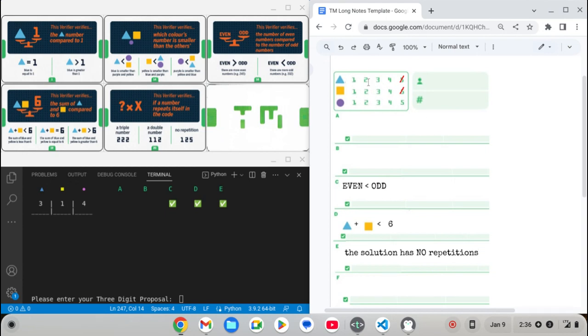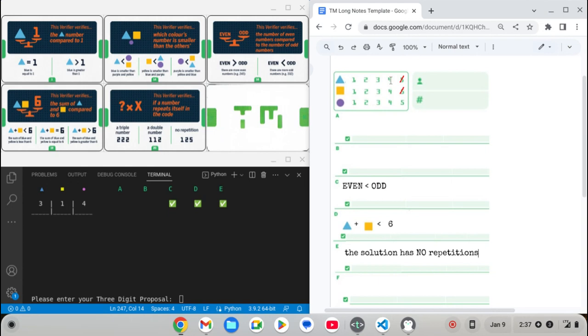So it almost seems to me that triangle cannot be the smallest. So I would almost exclude it from being a 1. So it's not the smallest. That means it could be a 2. Yeah, there seems to be too many possibilities.